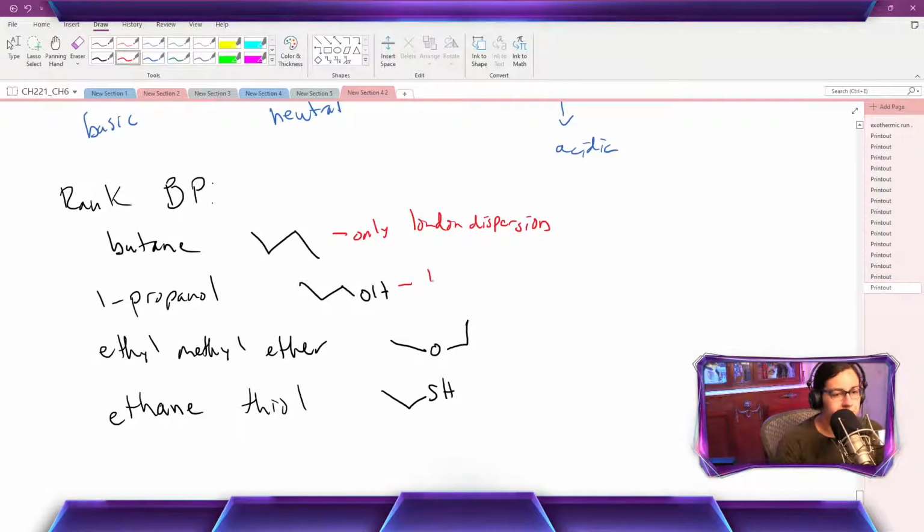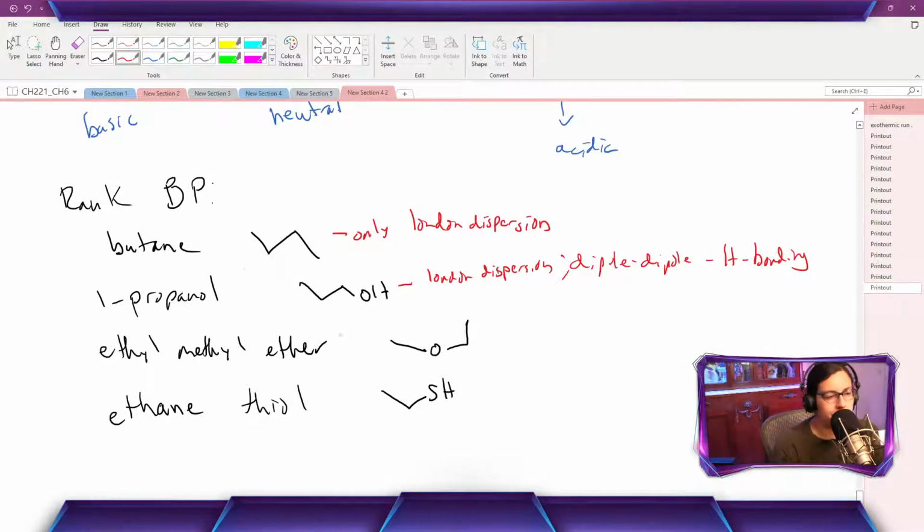Propanol, though, has, of course, London dispersion. It has a dipole moment. We got OH on the end here, so dipole-dipole. But then we also have hydrogen bonding. And so that's pretty strong.